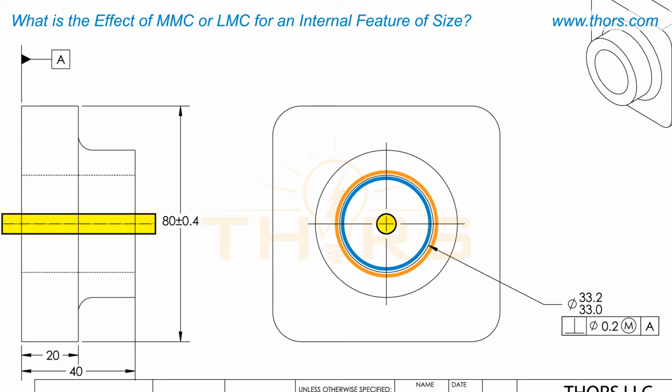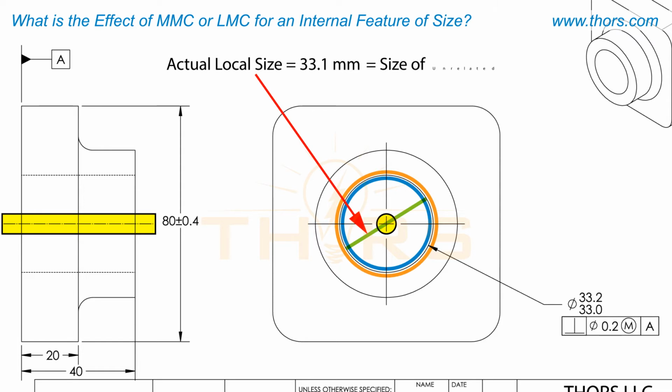In this example, the actual local size of the inside diameter of the hole is measured at 33.1 millimeters, which is the size of the unrelated actual mating envelope of this feature of size. This ID meets the specification for the size dimension.